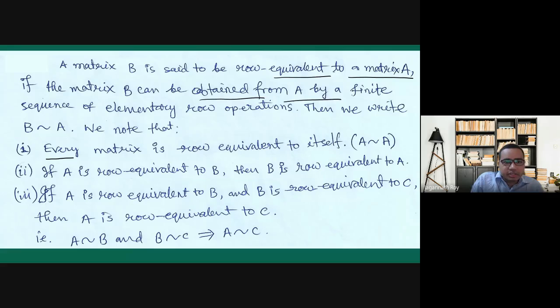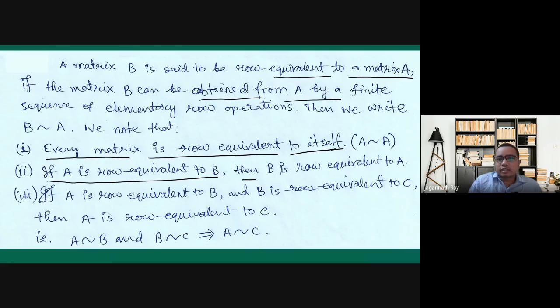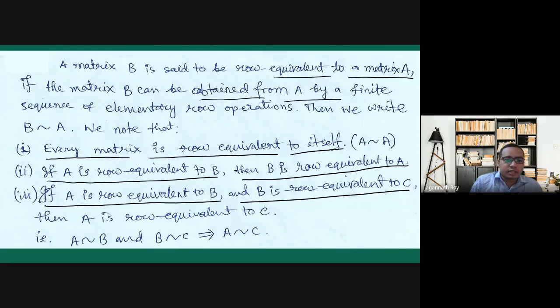Now every matrix is row equivalent to itself. And if A is row equivalent to B, then B is row equivalent to A. Similarly, if A is row equivalent to B and B is row equivalent to C, then A is row equivalent to C. So row equivalence we will denote by this symbol.